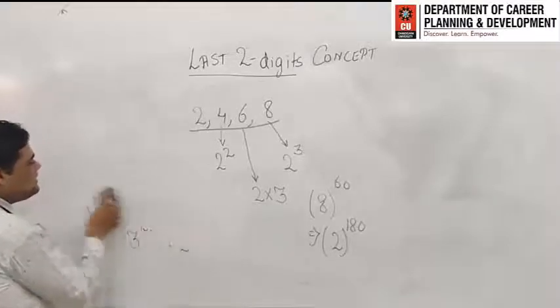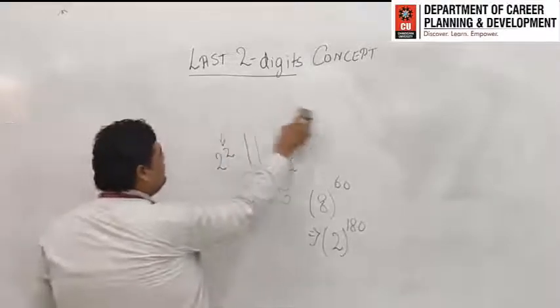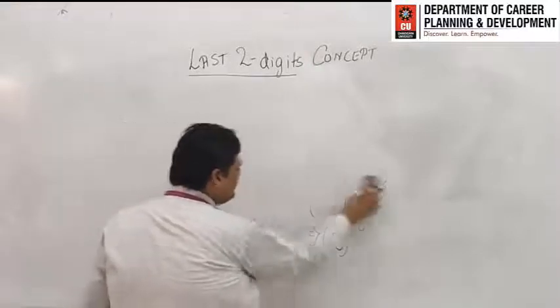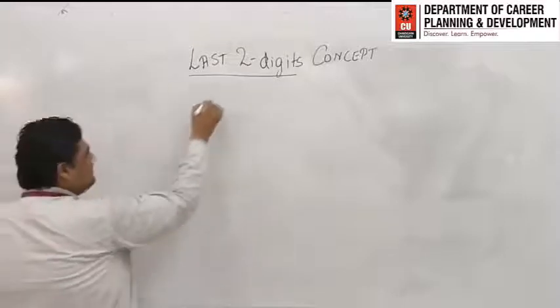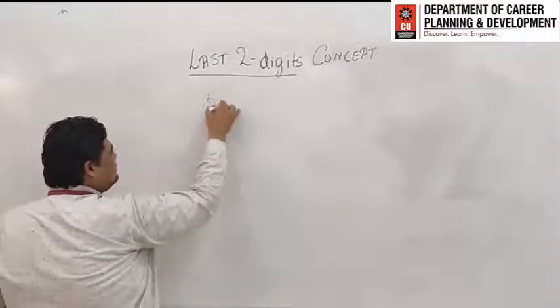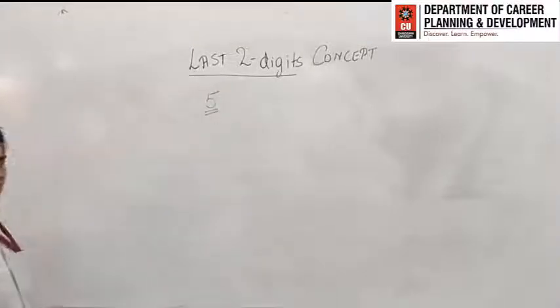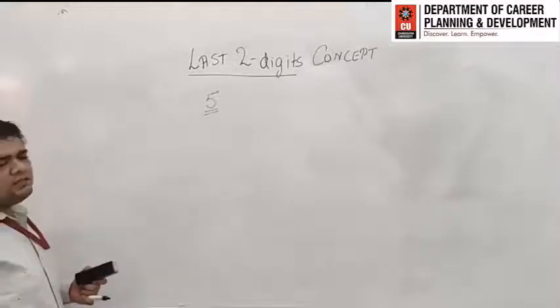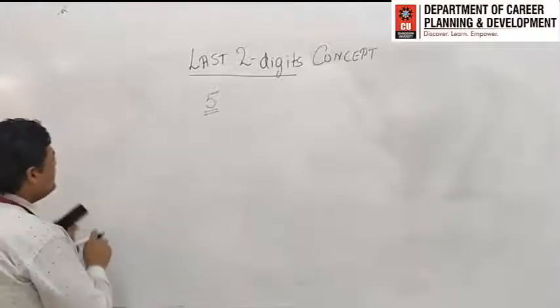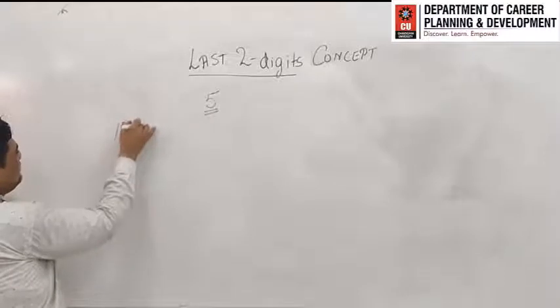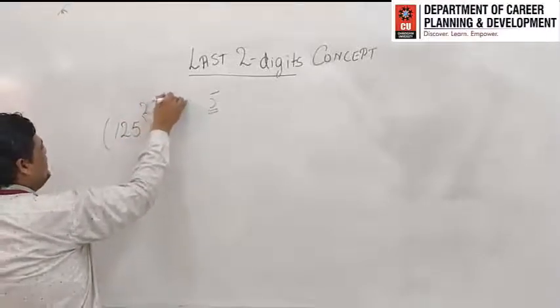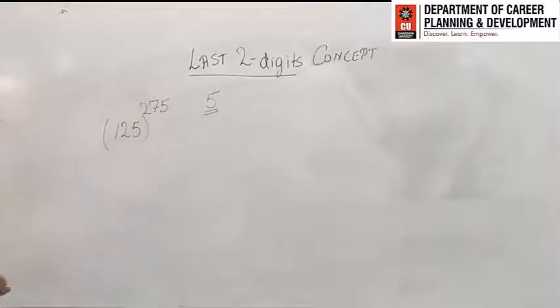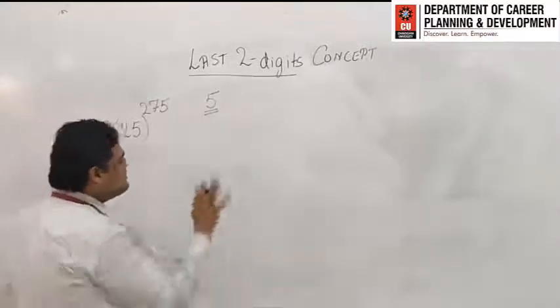Now let's see the last concept of 5, which we have left before. Whenever the unit place value is 5, what will be the last two digits for that number? Suppose the number given to us is 125 raised to the power 275. Any number we can take. In this, you just have to remember a simple concept.